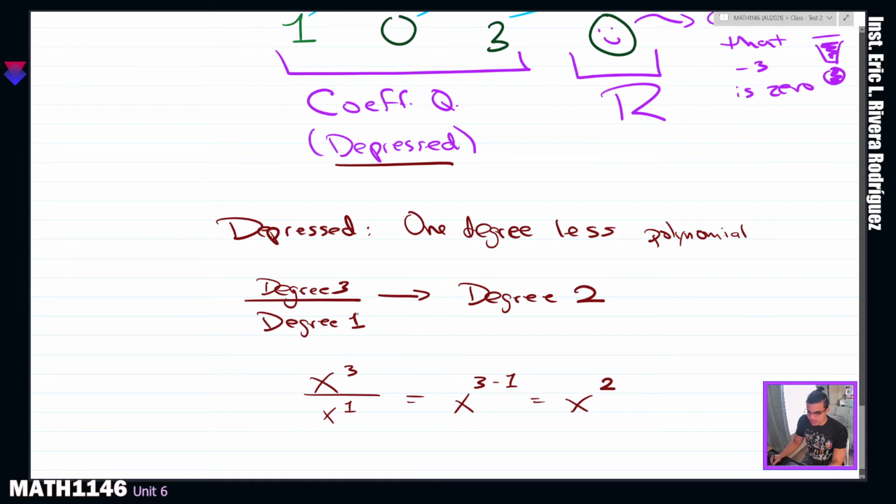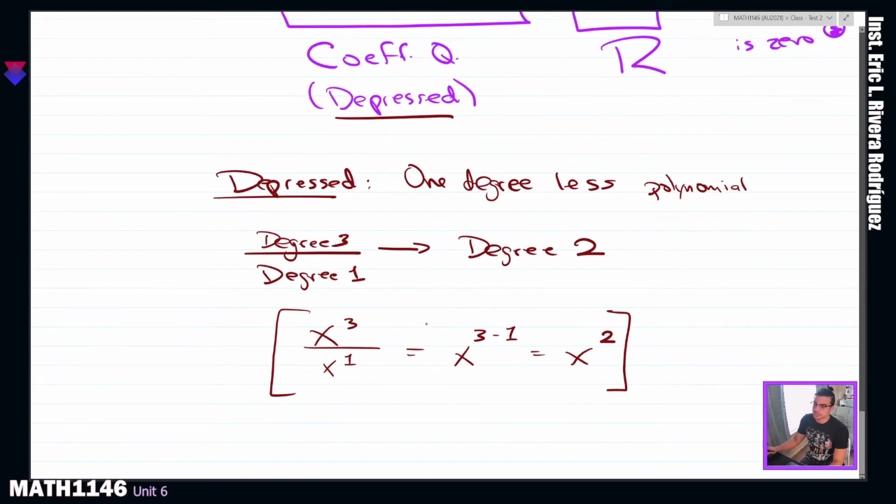We subtract the number of those degrees and we get 2, okay? This is the law of exponents. This is something that will help you to remember. Okay, so the depressed equation is when we do a division of polynomials and then the degree of that quotient is 1 degree less. In this scenario, it is 1 degree less because we are dividing by a degree of 1.